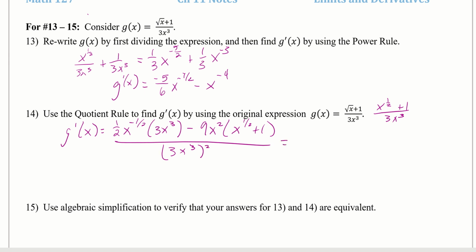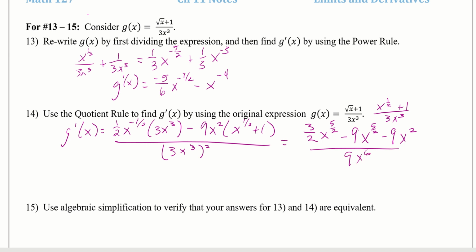Nice. And so for the numerator, we have what? 3/2 x. Now we combine those, so that would be 6 minus 1, so 5/2. Minus 9x, combine those, so that would be 5/2. And then minus 9x squared all over 9x to the 6th.